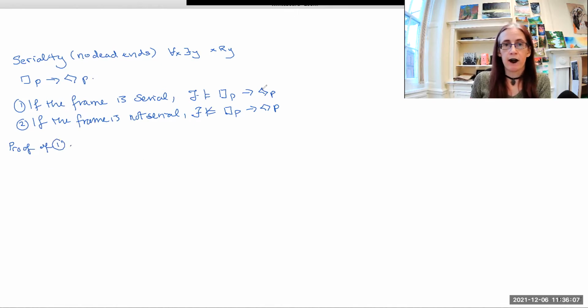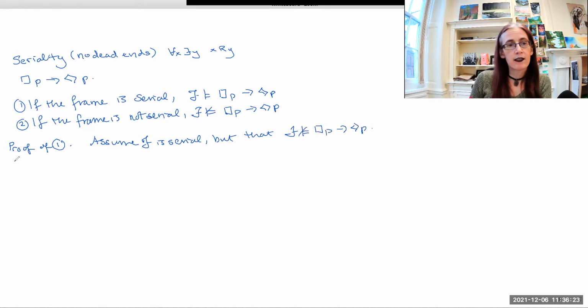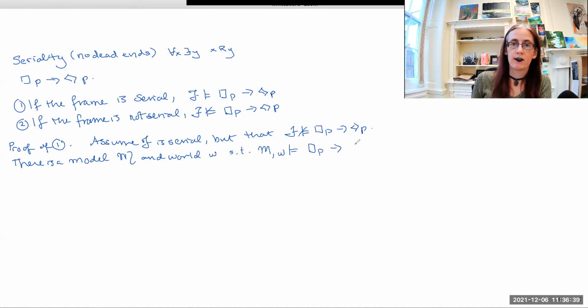If we have a serial frame, so assume that we have a serial frame, but that in fact the formula is not valid on the frame. This means that there is a model M on the frame F and a world W in that model, such that the formula necessary P implies possibly P is false at world W. So we can model it this way.